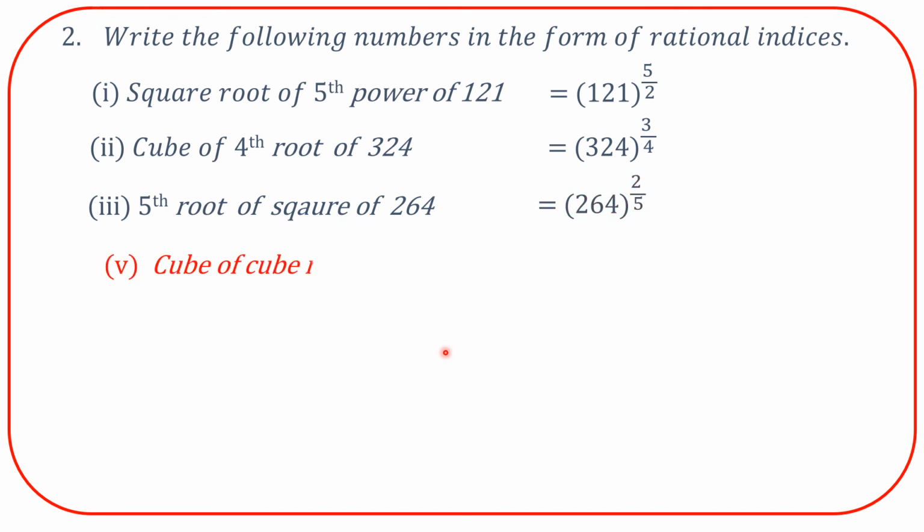Fourth example, cube of the cube root of 3 is equal to 3 raised to 3 upon 3. Cube, therefore in the numerator 3. Cube root, therefore in the denominator 3. And the number is 3. Therefore 3 raised to power 3 upon 3.